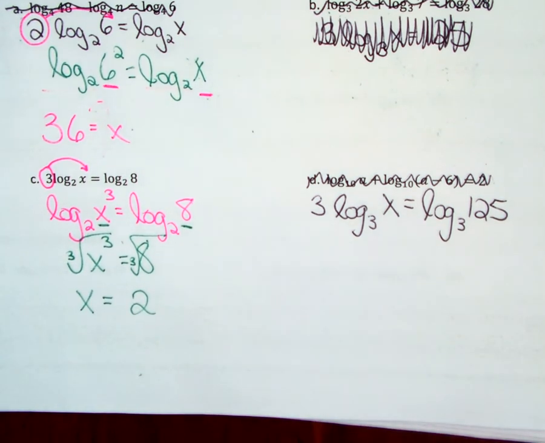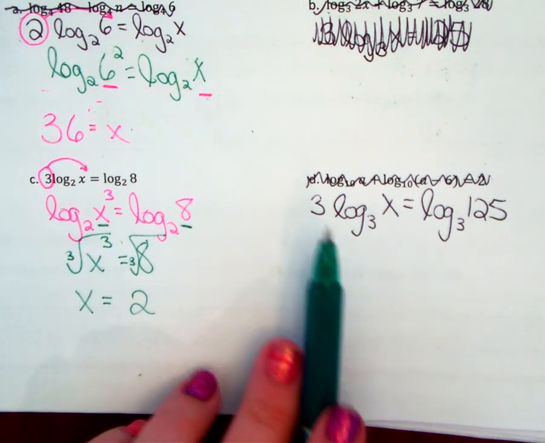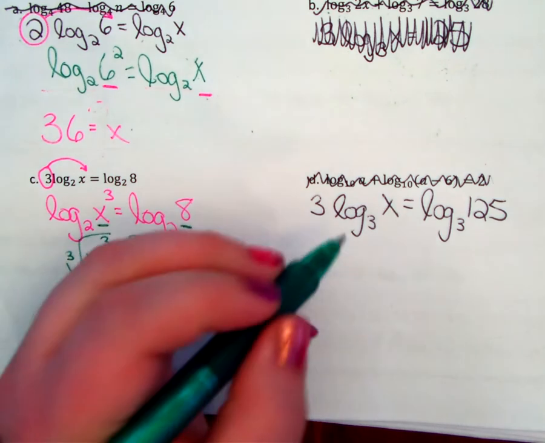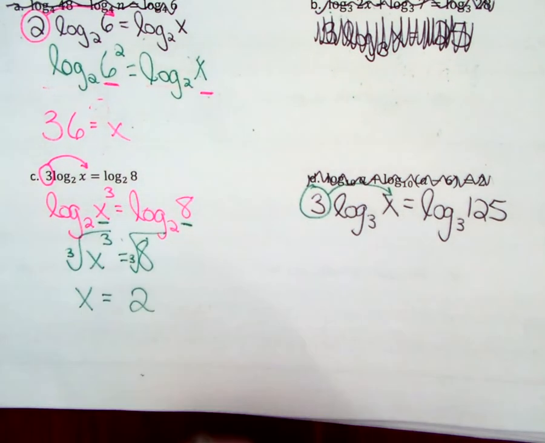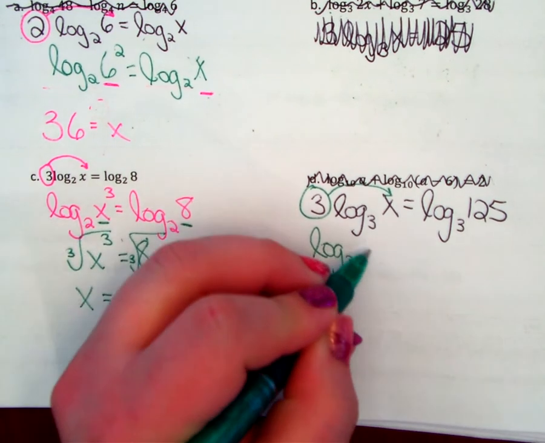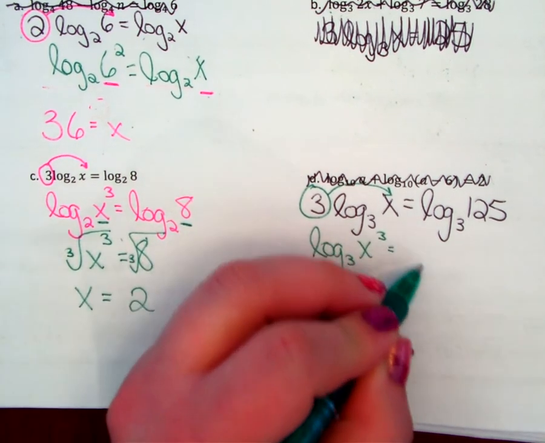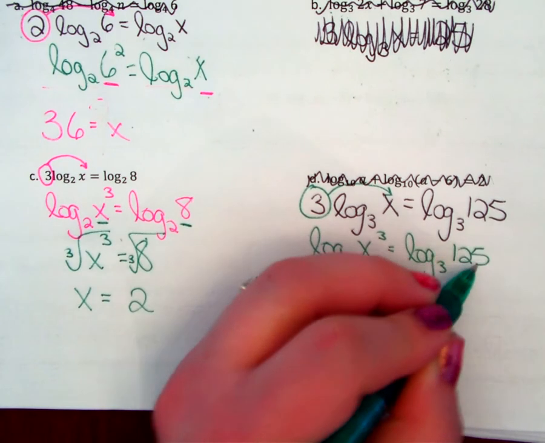Let's take a look at the last one here. The 3 in front is what is preventing me from actually being able to just set the x equal to 125. So I need to take the 3 and make it an exponent. So I have log base 3 of x cubed equals log base 3 of 125.